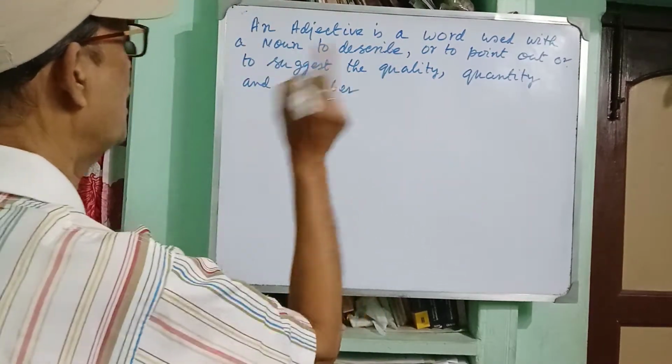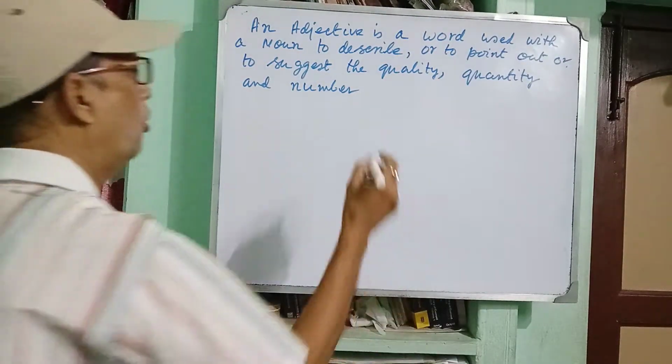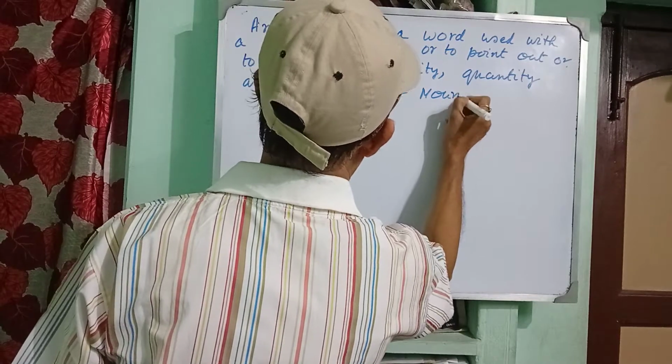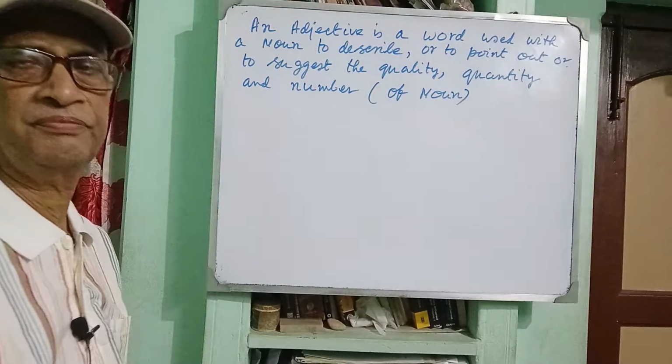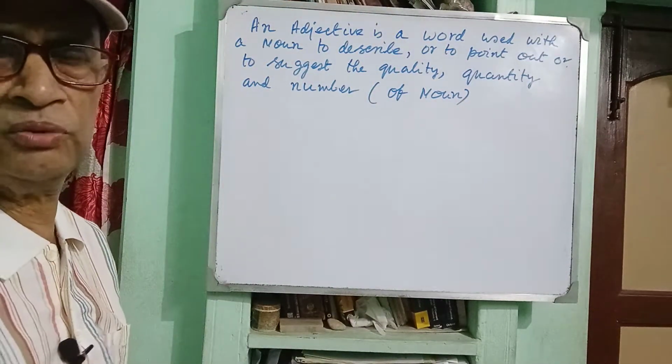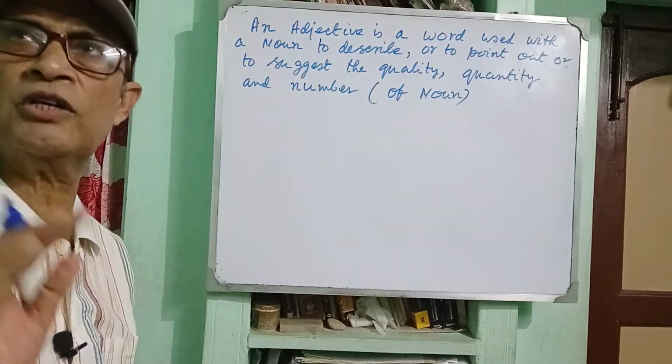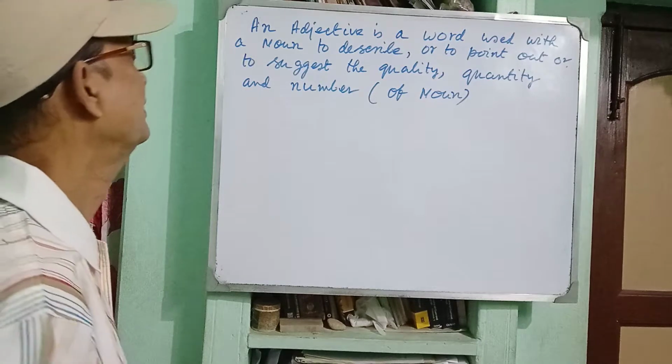Quality, quantity, and number of what? Of noun. Now let us write down the definition of adjective. What should be the definition of adjective?